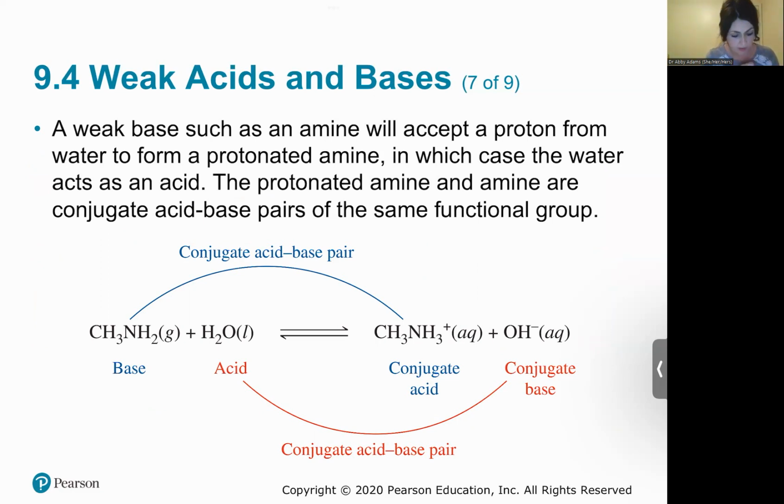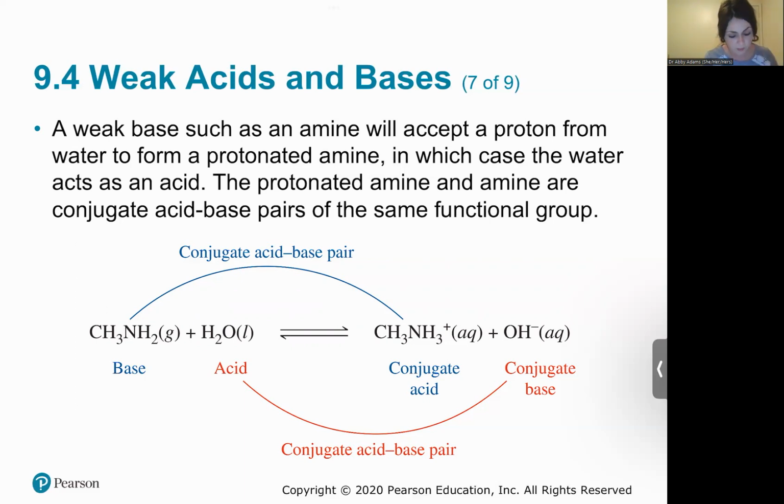So if you have a weak base, like an amine, it will accept the proton from water to form a protonated amine with a positive charge. In this case, water acts as an acid. So the protonated amine and the amine are conjugate acid-base pairs of that same functional group.